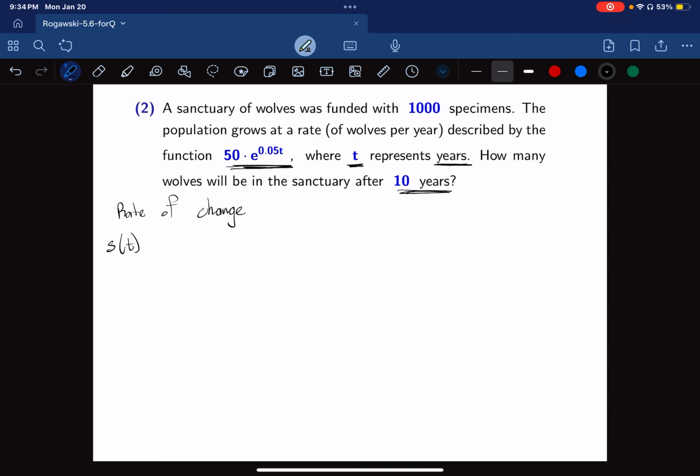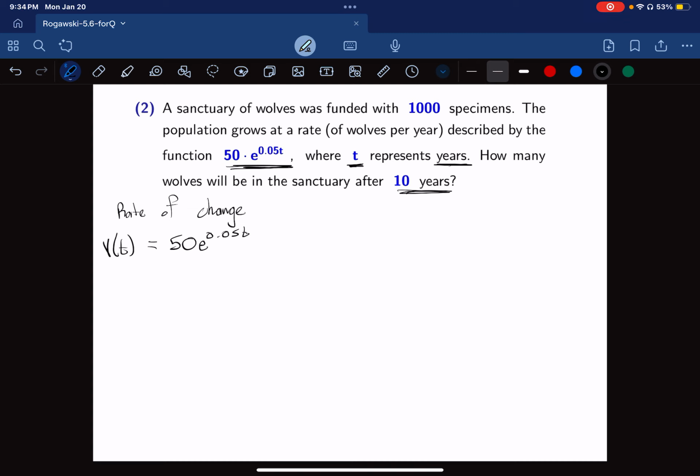So, what we're going to do in this case is we have the rate of change, which we usually denote as v of t. T because this is time, and that's what the t represents. So we know that v of t is equal to 50 e to the 0.05 t.